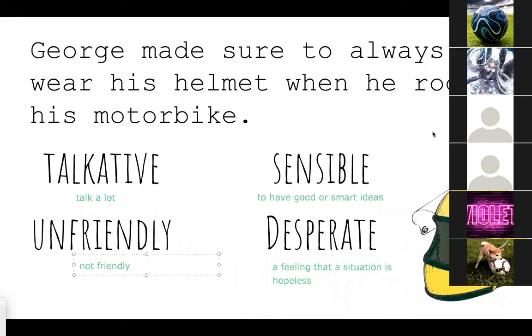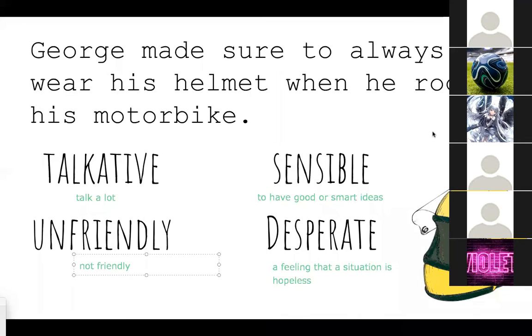James, what do you think? Sensible. Yep. If someone makes sure to always wear his or her helmet, he or she would be sensible. James, is wearing your helmet on a motorbike a good idea or a bad idea? Good idea. So we can call George sensible. Good job.